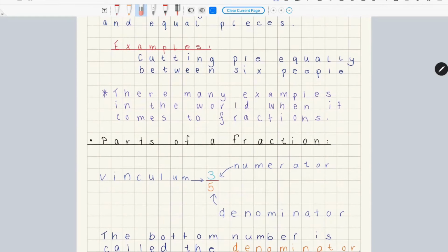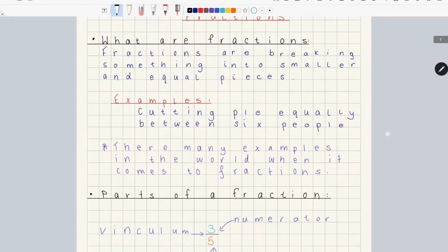Now, an example of fractions could be cutting a pie equally between 6 people. So, thinking about the pie, try and imagine how you can cut that equally between 6 people.